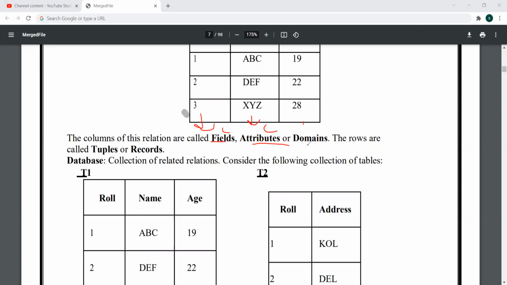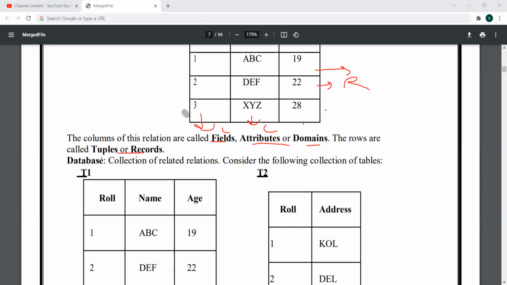The rows are tuples or records. There are 3 rows: first row, second row. These are tuples or records. Columns are called fields, attributes, or domains, and the rows are called tuples or records.